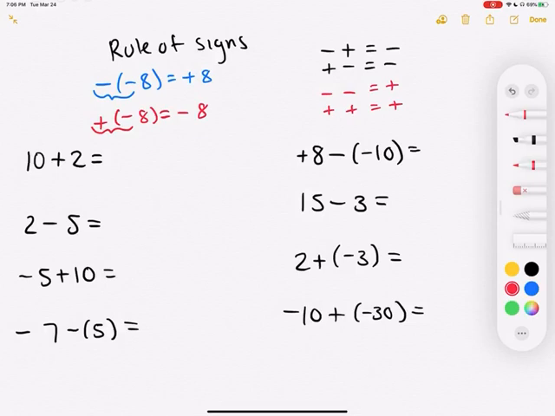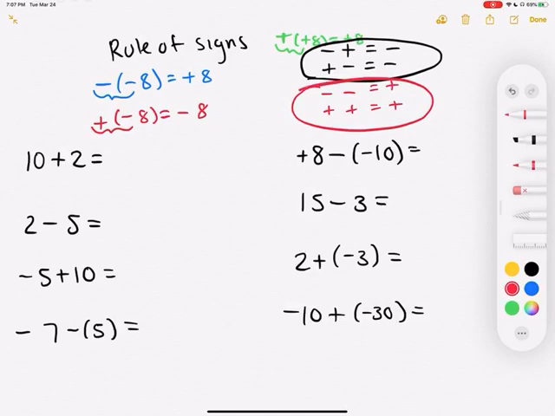The same as if I have something that looks like plus positive 8. Those two signs are the same, so they combine into a positive sign. So these are the rules that we have to understand. If there are two different signs together, the result is negative. If there are two equal signs together, the result is positive.